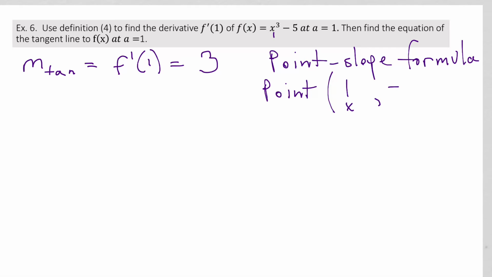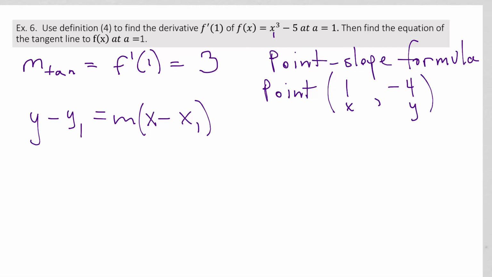That's minus 4. All right, so the point slope formula says y minus y1 is equal to m times x minus x1. For these values over here, we'll put the subscripts on. So the y here and the x here are just x and y, which will stay in the equation.